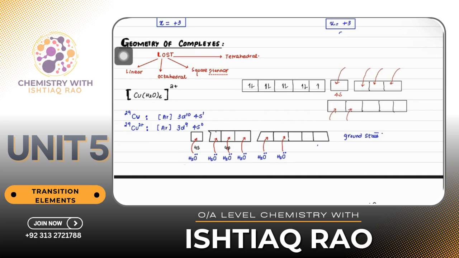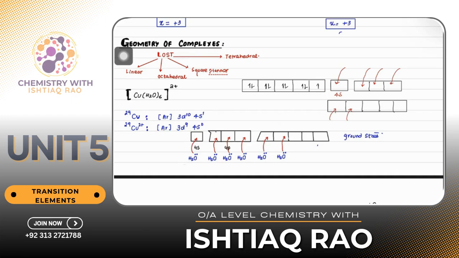We have different sorts of ligands: water, cyanide, ammonia. So basically, the geometry that we have to discuss is going to be octahedral only according to the specification.